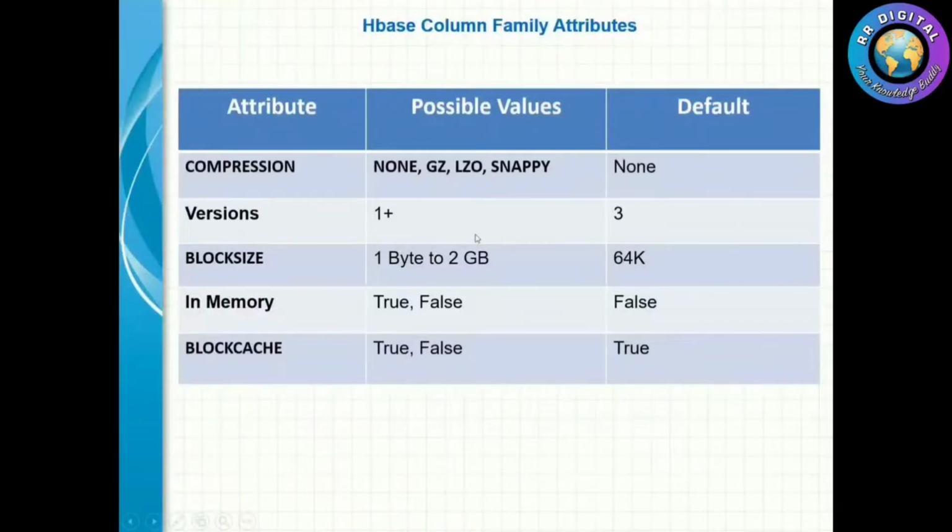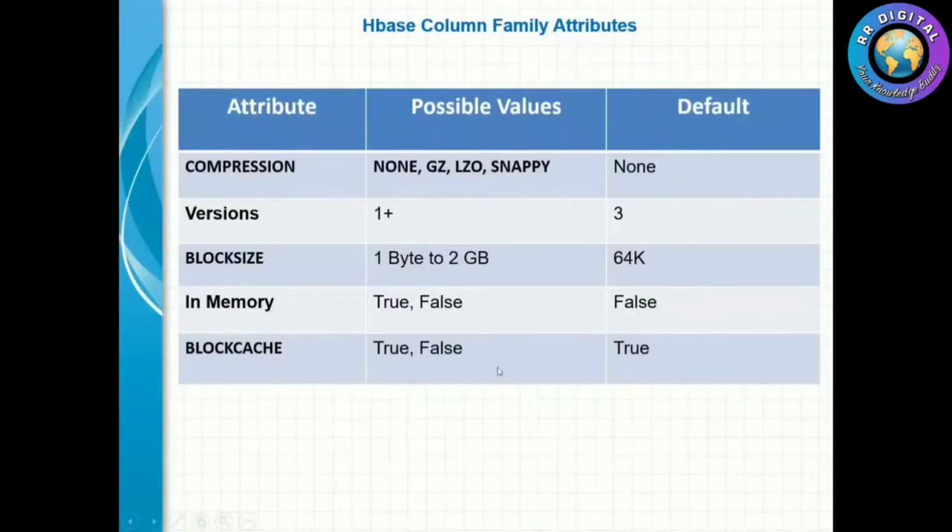And versions, default one version, it is possible to have 1 plus, like n number of versions, but the default number of versions it will consider is 3. And block size, in HBase block size is 1 by 2 2 GB, 1 by 2 2 GB. Default block size is 64 KB. Okay, and in memory, true false, by default false. Okay, if you want, you can enable true.